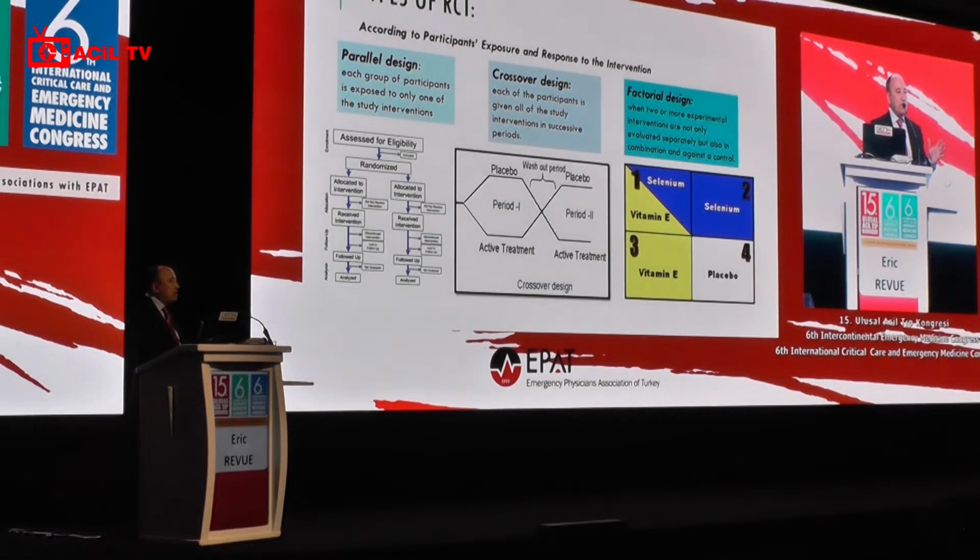There are 3 types of randomized control trial: parallel, crossover design, and factorial. The good system is to randomize the population you want to study, if you want to analyze very quickly and very strongly to have good data.